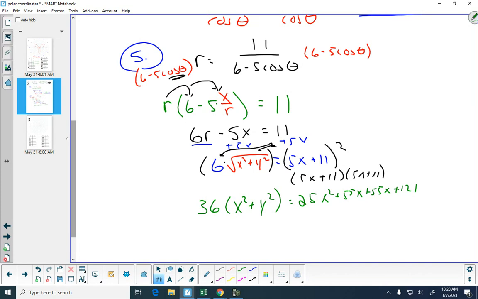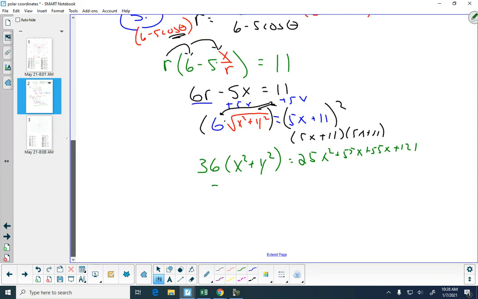Once again, in a Cartesian form, this is an ugly equation. Distributing our 36 through, we have 36x squared plus 36y squared is equal to 25x squared plus 110x plus 121. Once again, a lot of ickiness.